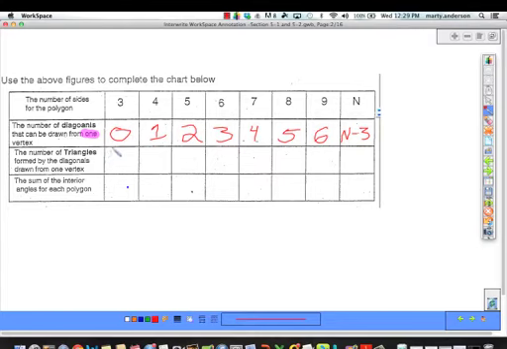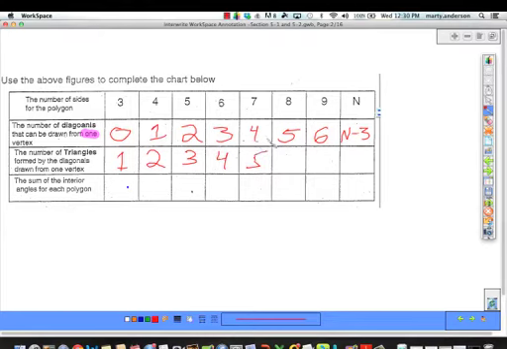The number of triangles that can be formed. When we look at a triangle, even though there's no diagonal, there's still one triangle there. We look up above at the problems that we just did, and we know that there are 2 triangles when we draw in a quadrilateral. 3 triangles for a pentagon. Hexagon has 4.